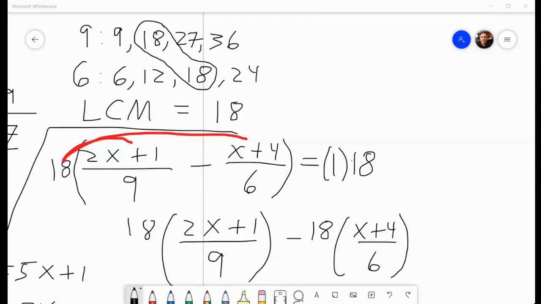Okay, remember, with the minus here, you're subtracting all of x plus 4 over 6. Okay? You're not just subtracting x. So, and this is equal to 18. Right? 18 times 1 is 18. Okay, so now we're going to have some cancellation, which is always fun.